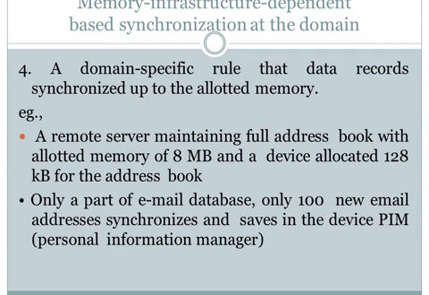It has only 128 KB, so that many records could be synchronized. Whereas the server has a larger list of synchronized records, because the server has higher memory for storage. So this is another case where synchronization is memory dependent.